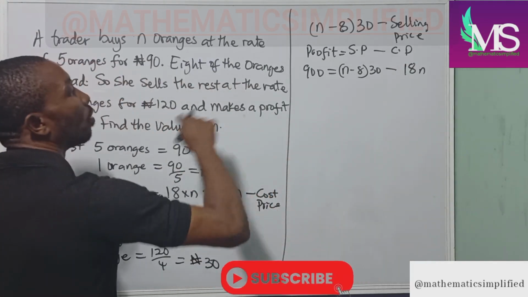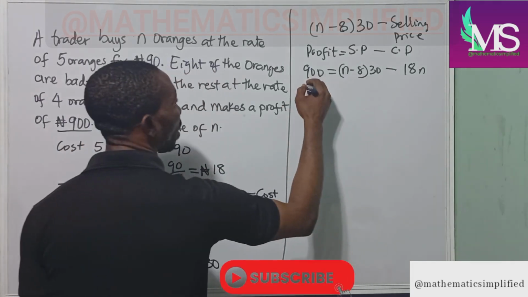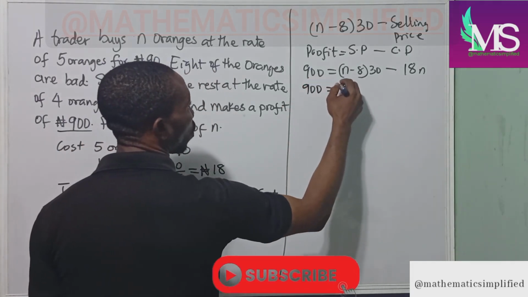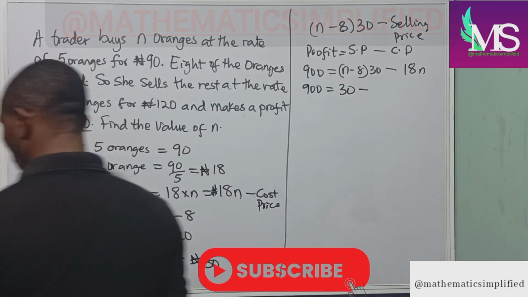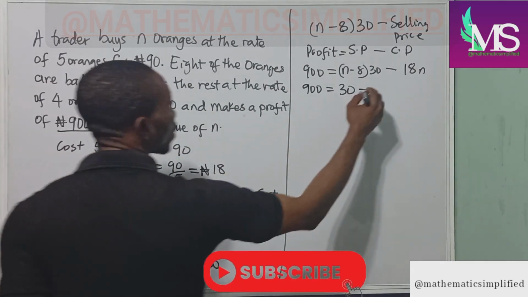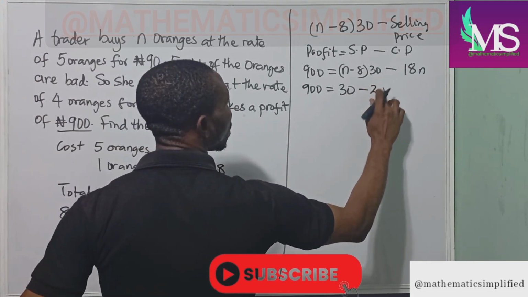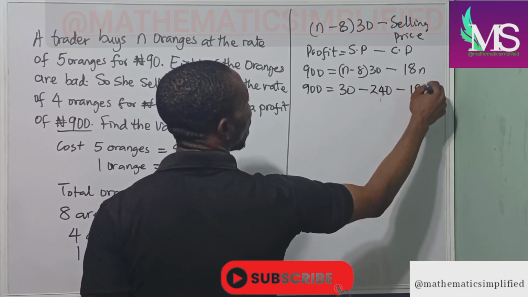Okay, now this gives us an equation, so we'll solve this out. Opening up this bracket, 900 equals 30n minus 8 times 30, which gives us 240, minus 18n.